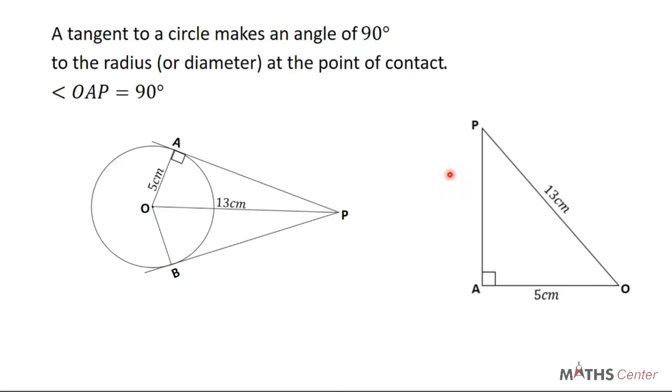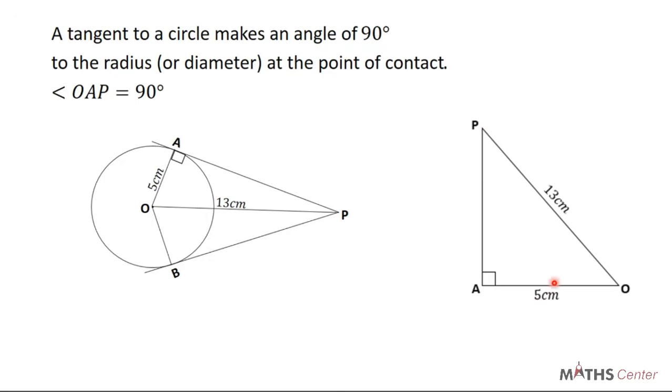So 13 centimeters is the side facing the right angle, which means that OP is the hypotenuse. OA is the base, that is the side that the 90 degrees or the right angle sits on. Then the other side is what we have here, which is AP or PA.